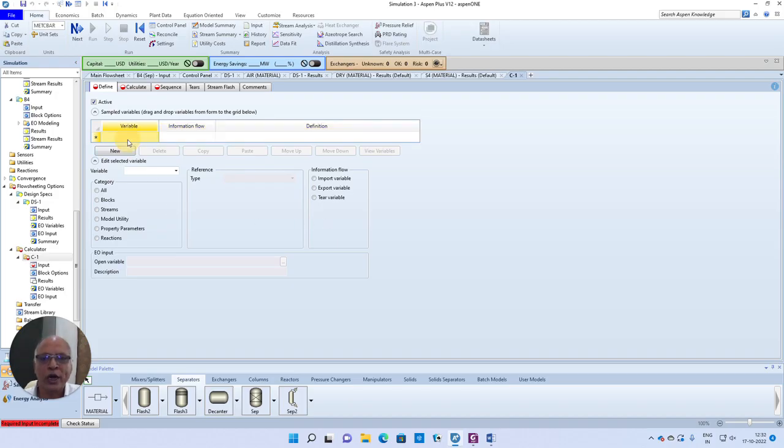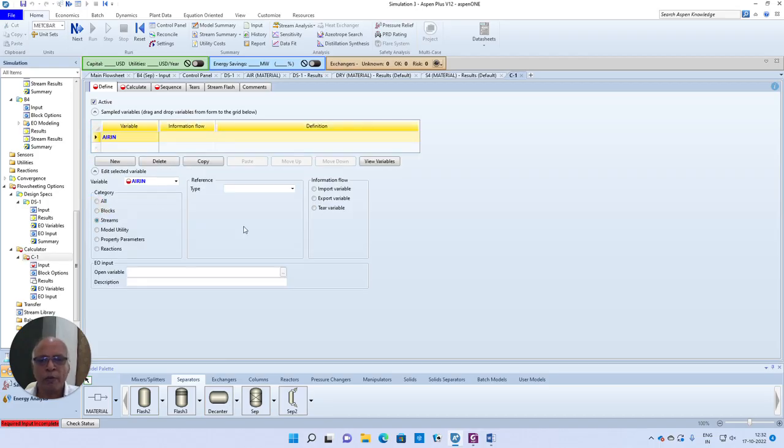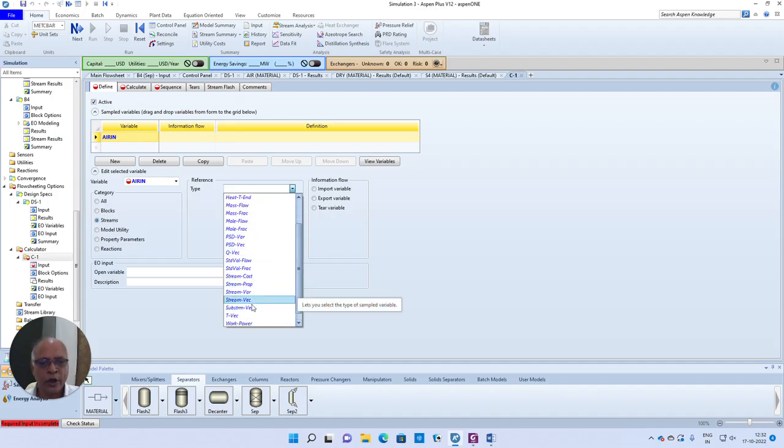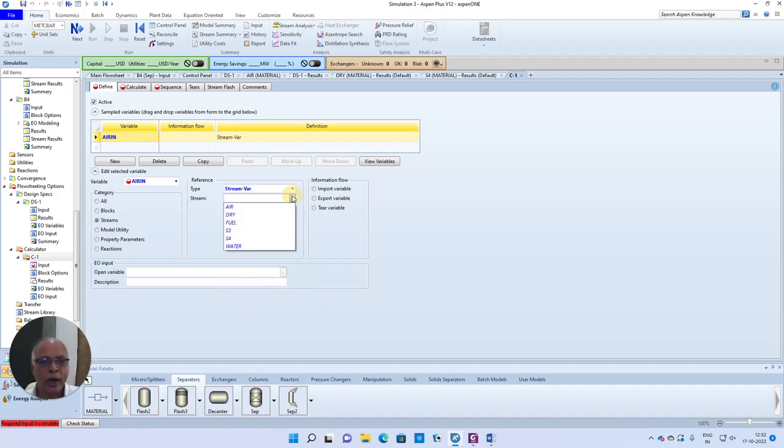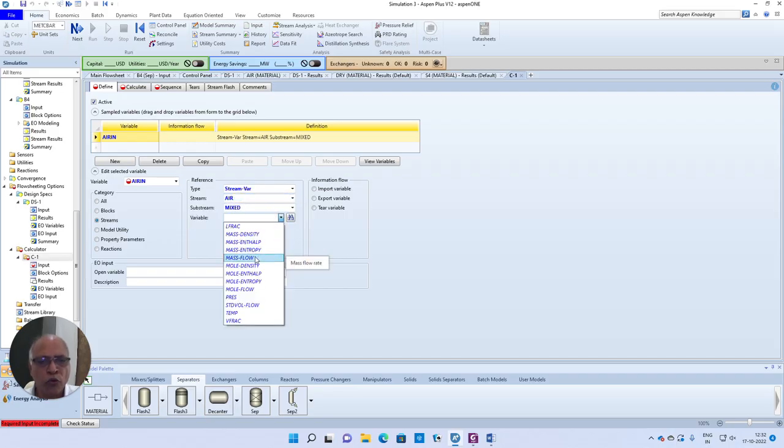So what is it that we want? The variable is the input flow rate of air. So this is going to be a stream variable. Again, stream variable, and this is the air flow rate. The variable is mole flow.